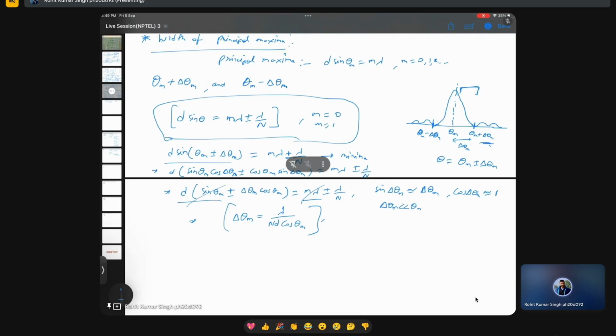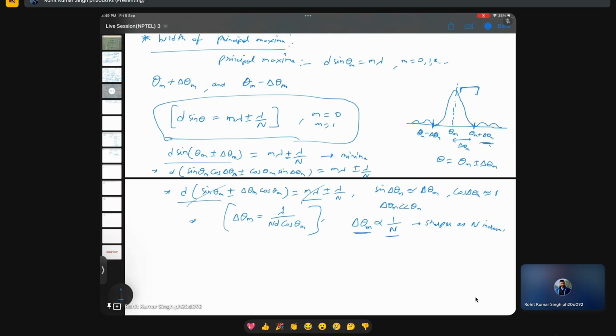Now, one interesting thing to see here is that this angular width of the principal maxima is inversely proportional to n. That means if you increase the number of slits, this decreases. So your principal maxima becomes sharper as n increases.